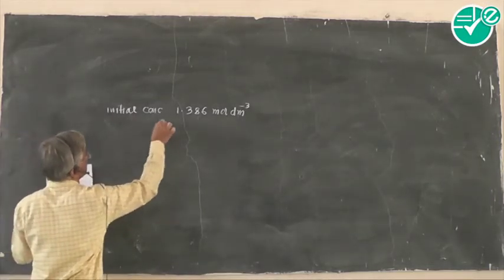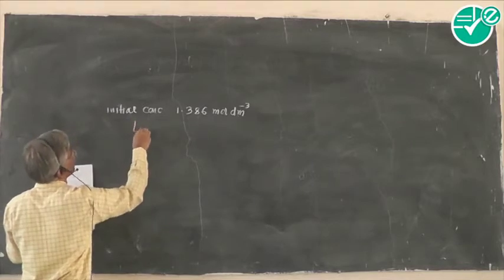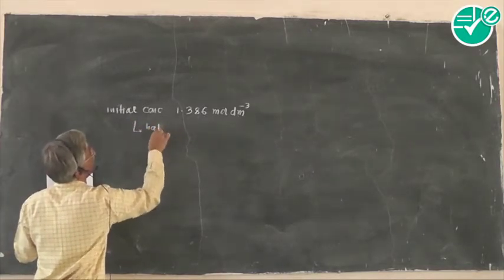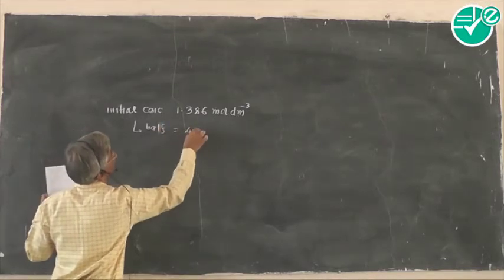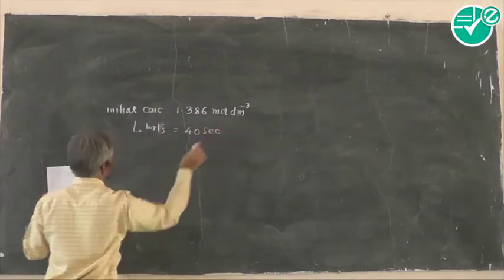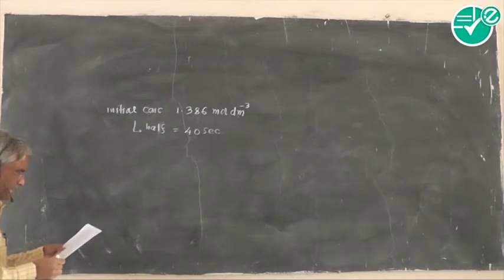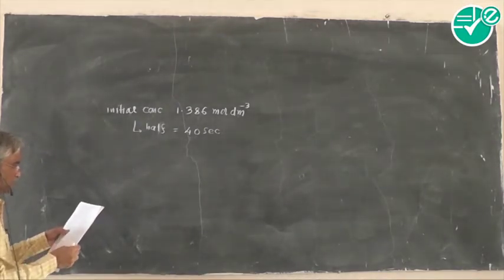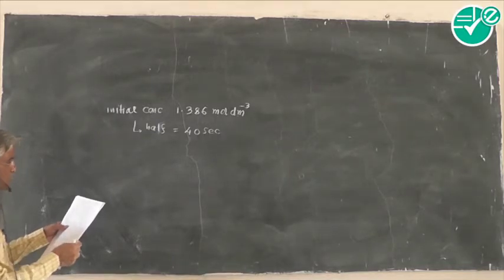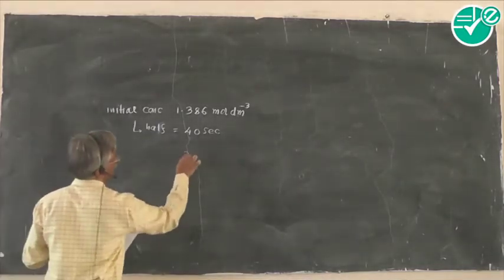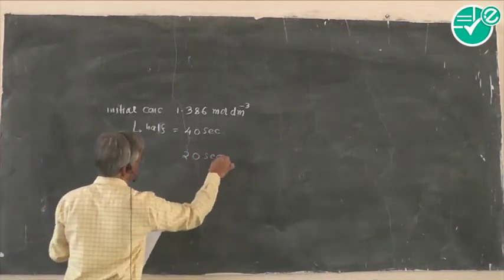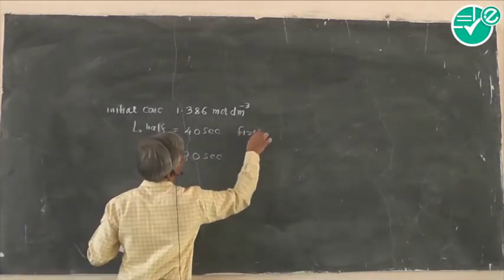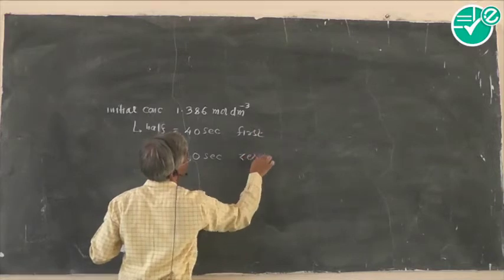That means this becomes half in 40 seconds, and in 20 seconds through first order and zero order. This is by first order and this is by zero order.